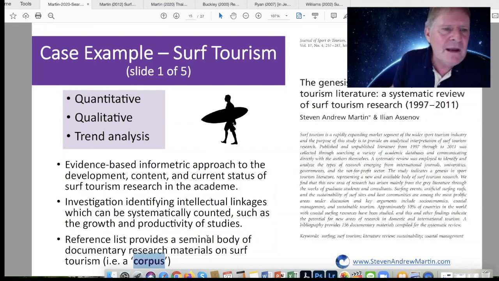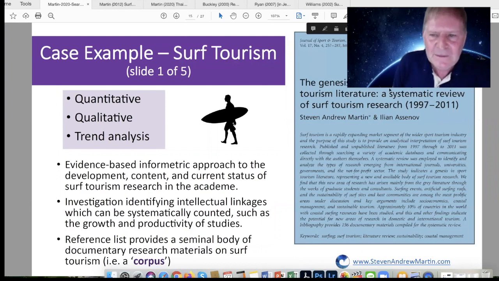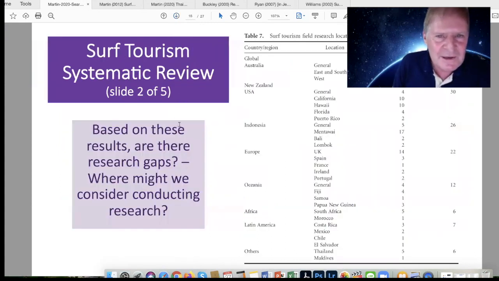And so many people have wondered how possibly did I publish 5 Web of Science journal articles on surf tourism in 2 years and complete my PhD in 2 years with 5 papers. And the answer to the question is because I did this systematic review that you see here. Because I mastered the literature. And let's move on and look at the implications of mastering the literature a little bit, okay?